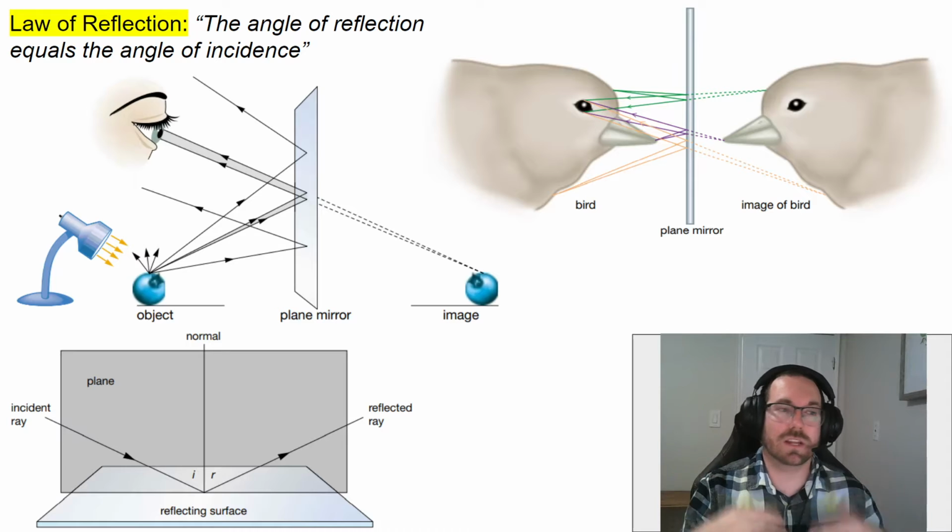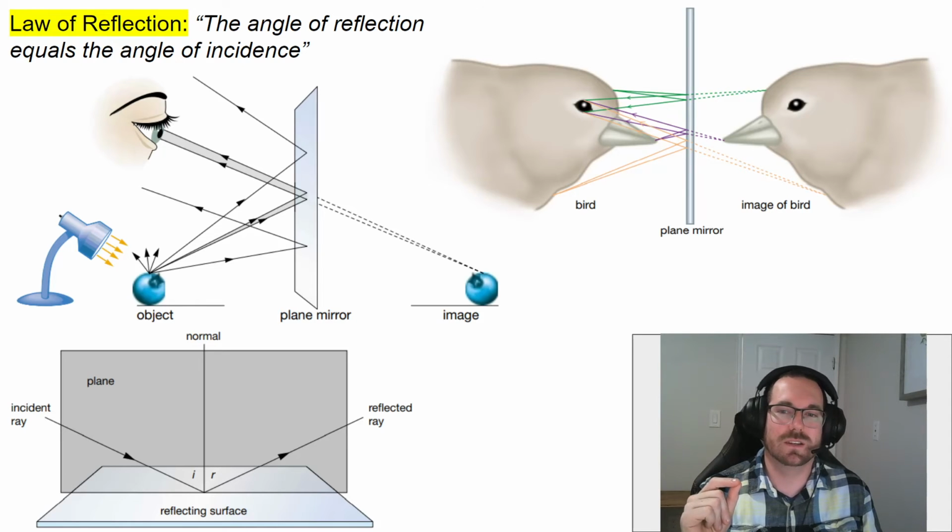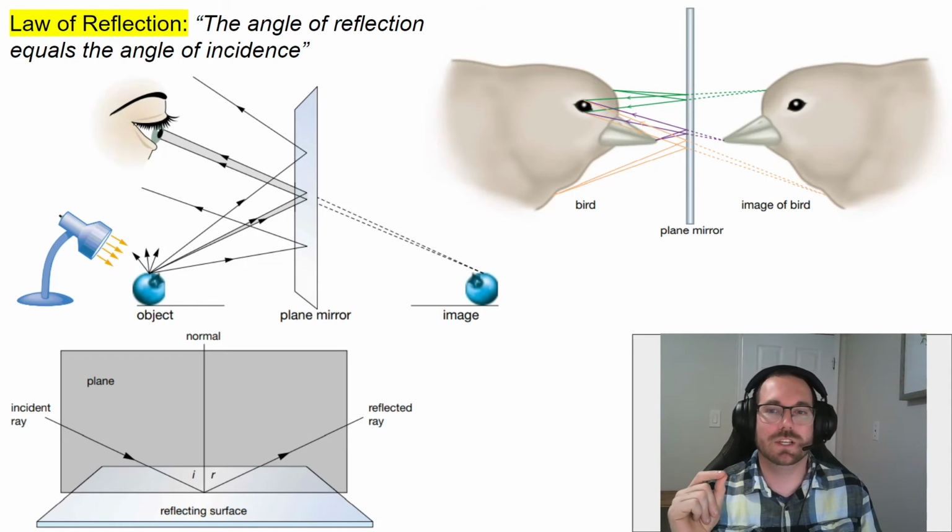It's not distorted, it's not changed, everything is the same, and that's because everything gets reflected so nicely and uniformly off that flat plane surface. As we're going to take a look in our next video, though, we can't say the same thing when we start having curved mirrors. Then that image is not going to be as nice and it's going to start distorting or changing, sometimes in rather odd ways.